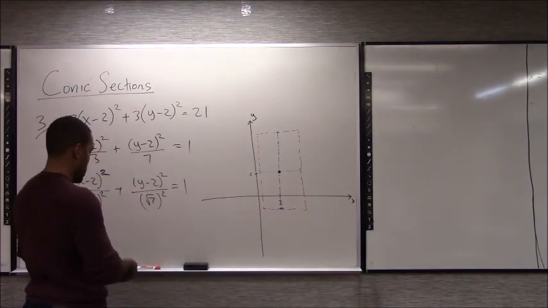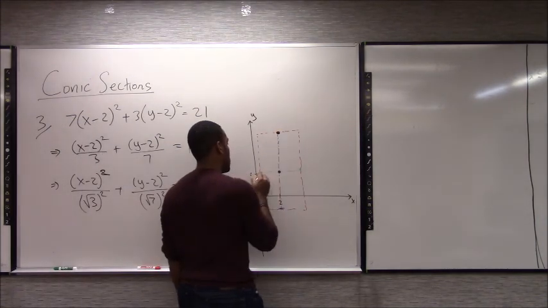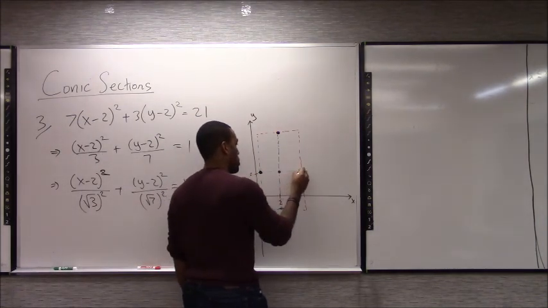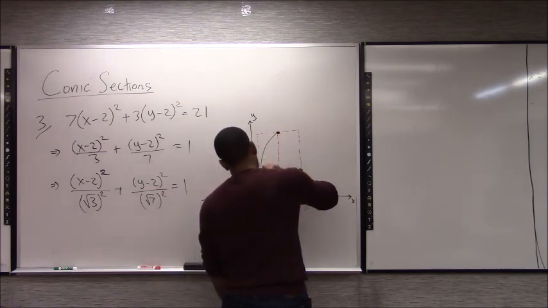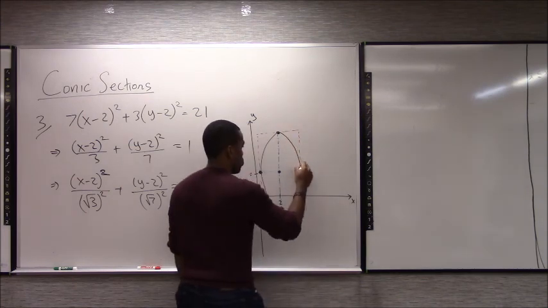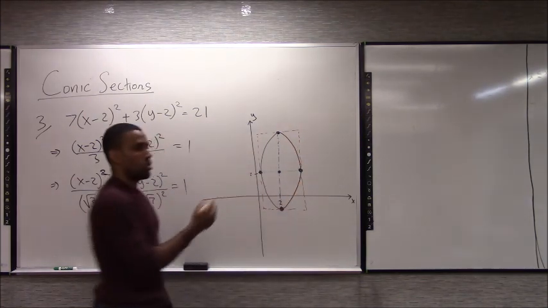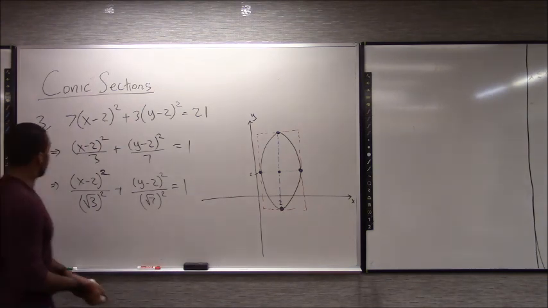And then your graph, which is going to be an ellipse, just touches these 4 points that you put in, and so it's going to be that. That's it. Let's do problem 4.